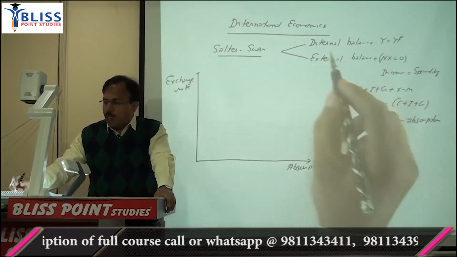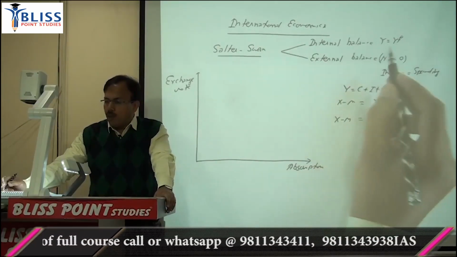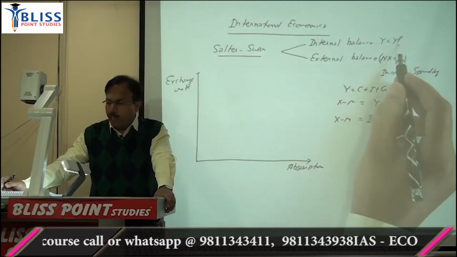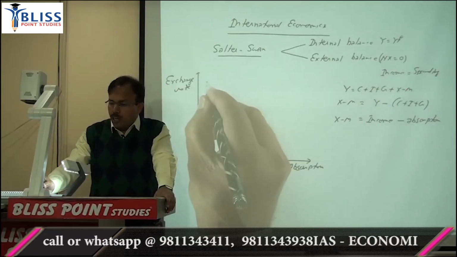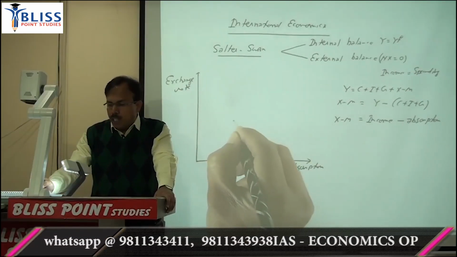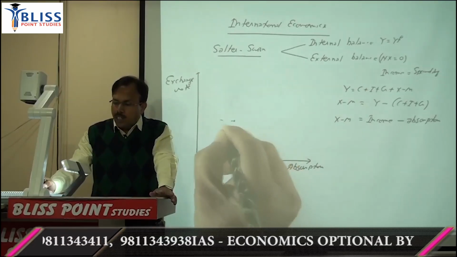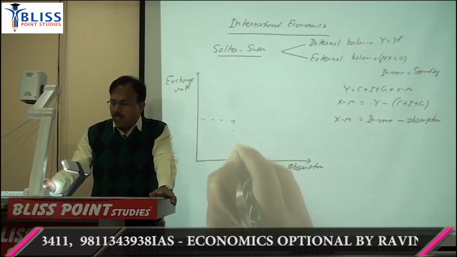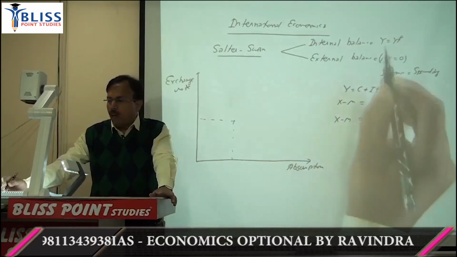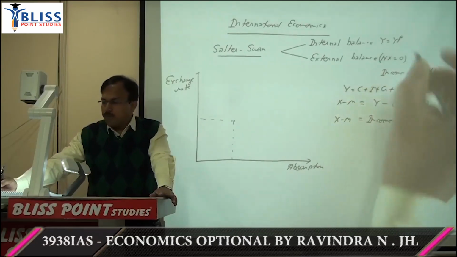So when you talk about internal balance, then Y must be equal to Yf. So if you start with any particular combination, arbitrarily taking a certain exchange rate and a specific absorption, so that Y is equal to Yf.